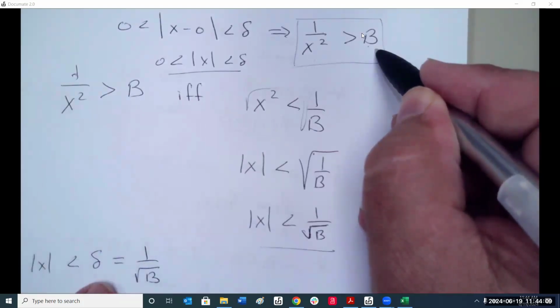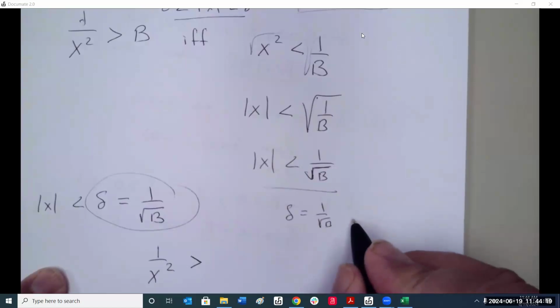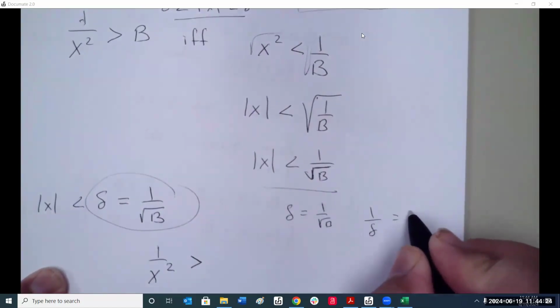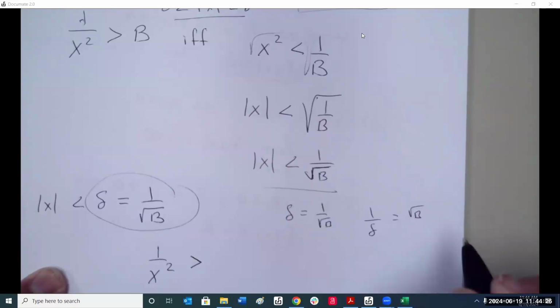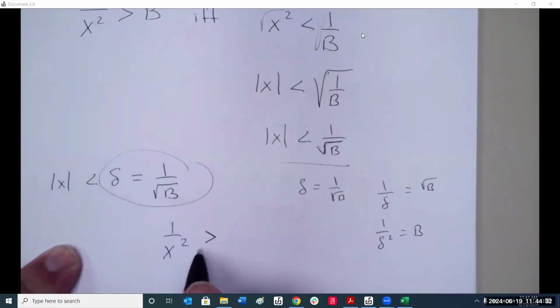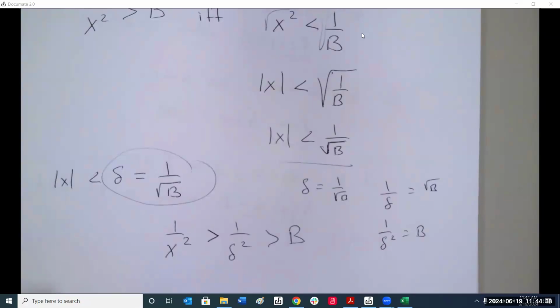So what is b? Using this, we reciprocate those, we get 1 over, and square both sides. So this is 1 over delta squared, which is bigger than b.